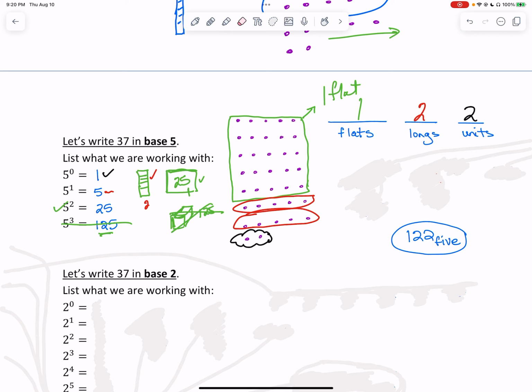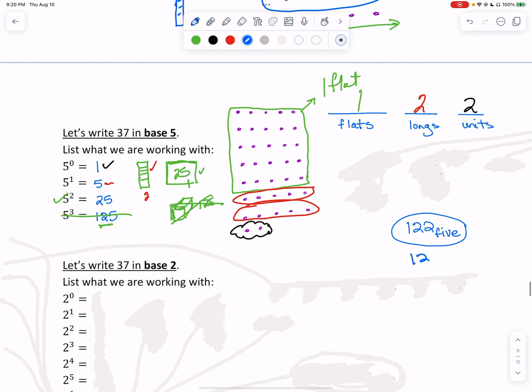It could also be written with a little bitty 5 up high. But I tend to like to write the word "base" down there so that people don't get confused, because putting it down low and putting it up high, sometimes it might look like 1,225. So okay, that's how you do it.